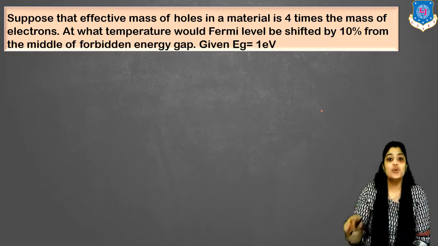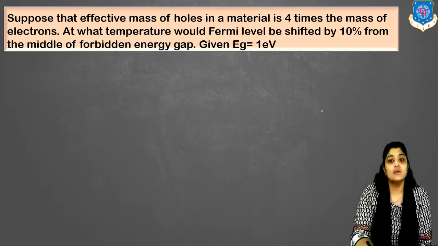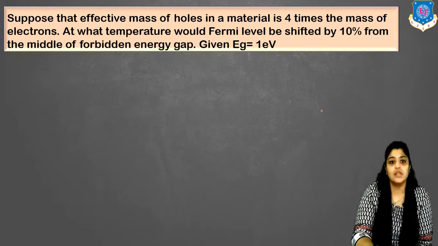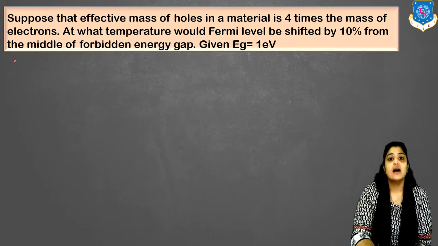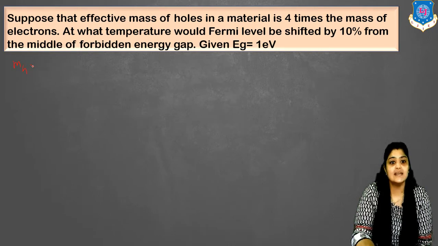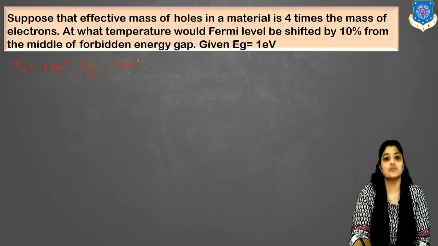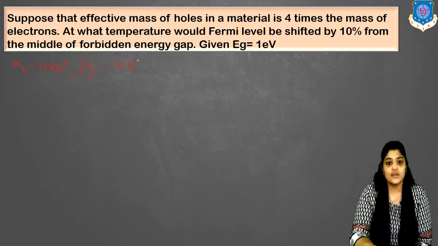So what I have to do here is, first let me write down the equation which I'll be using. According to the given question, the mass of holes is equals to 4 times the mass of electrons, and you are given the value of Eg as 1 electron volt.